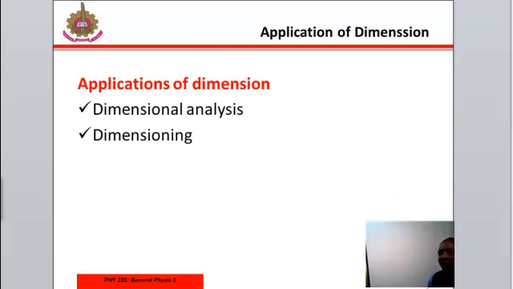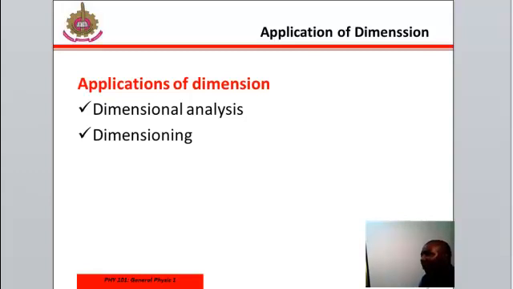Applications of dimension. Dimensional analysis. This is a process of verifying the equation between two or more different physical quantities so that both sides of the equation are of equal dimension. We have an example.